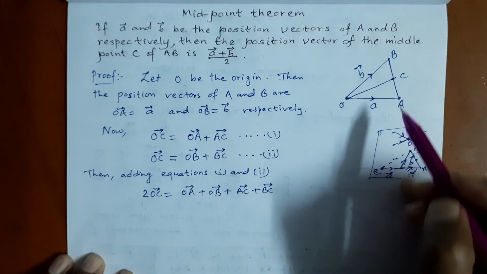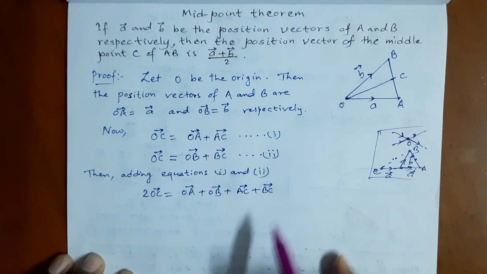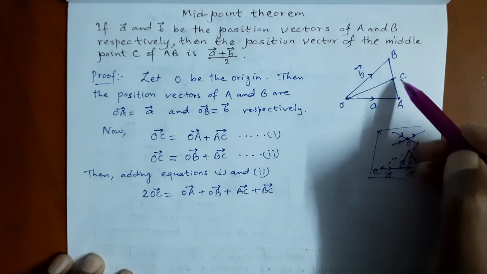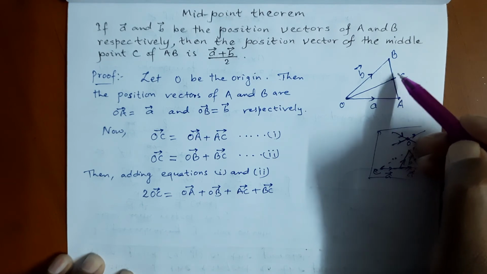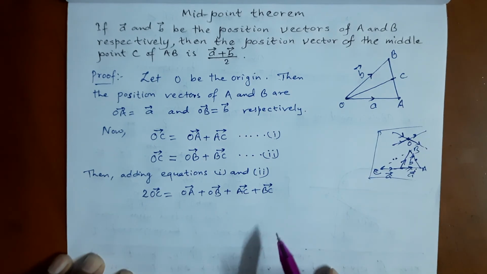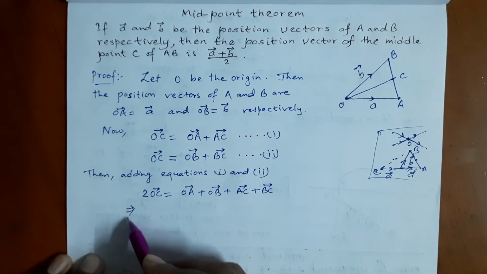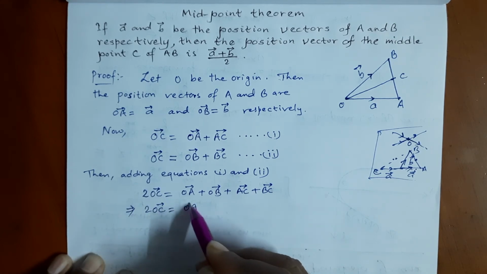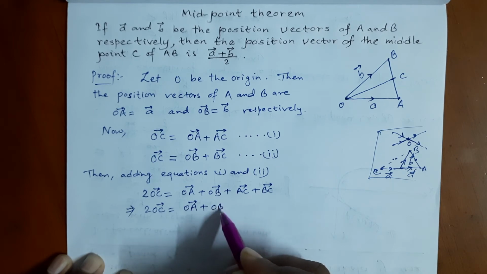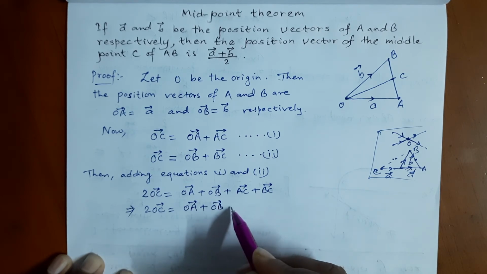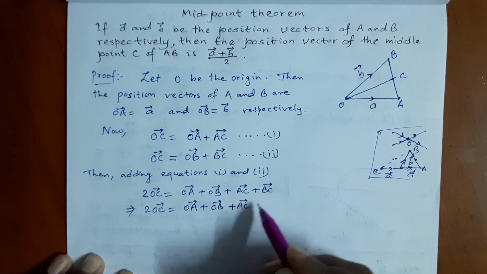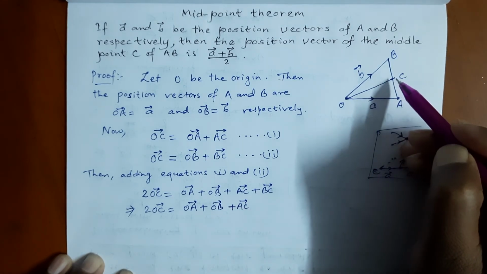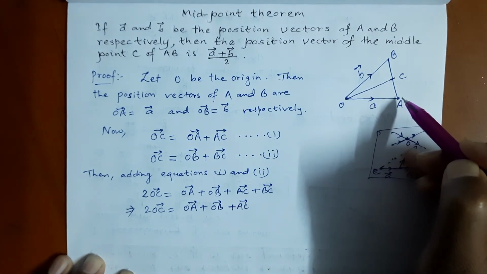And this C is the midpoint of AB, so AC and CB are equal. Now this implies 2 vector OC equals OA vector plus OB vector plus AC vector. This BC is the same as CA.